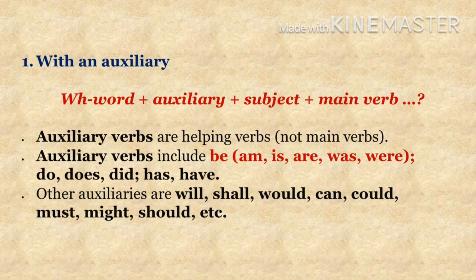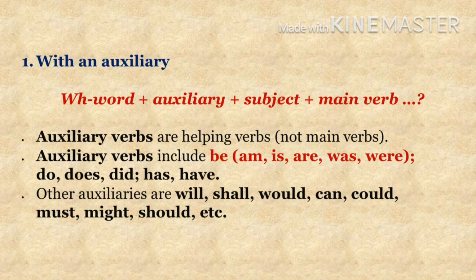Okay, learners. Now, how to form a question with an auxiliary? In this WH question, we use an auxiliary verb. Remember that auxiliary verbs are helping verbs, not the main verbs.